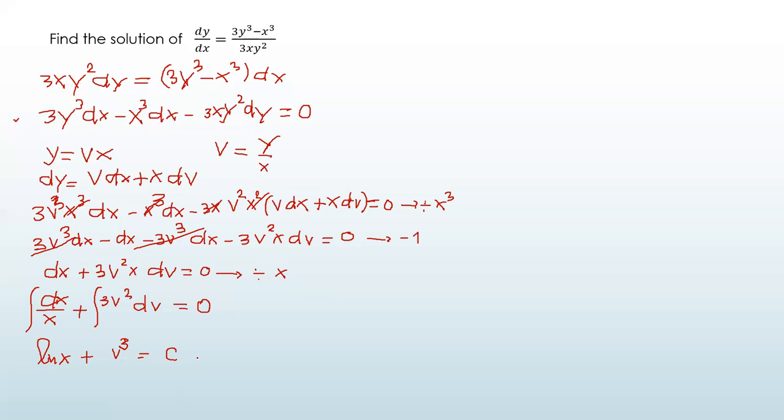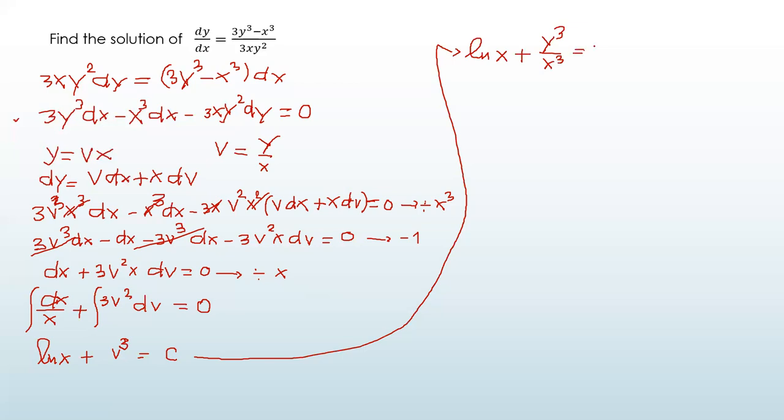So these equations we may write like this: ln x plus y cubed over x cubed equals c.